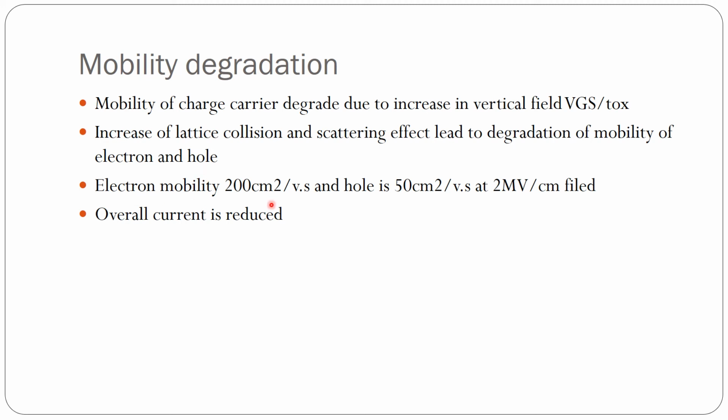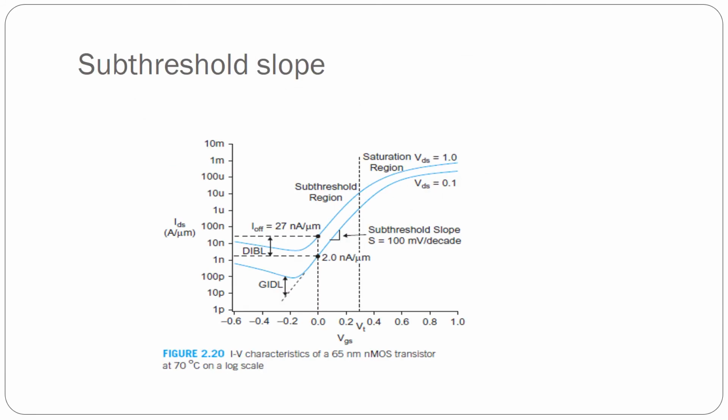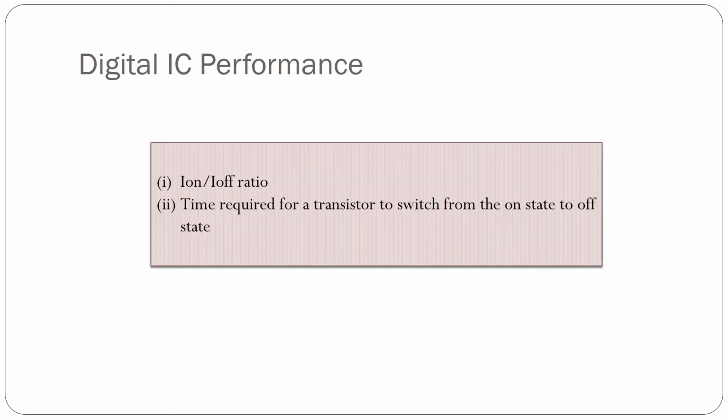Electron mobility reduces from 200 centimeter square per volt second, and hole mobility to 50 centimeter square per volt second, at 2 megavolt per centimeter field. Overall current is reduced. This is the formula for how it degrades. Okay, majorly we'll be discussing this.